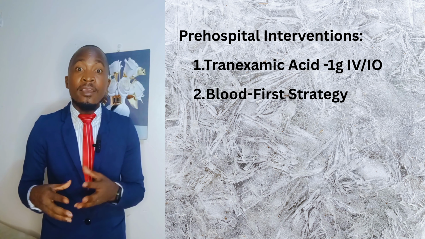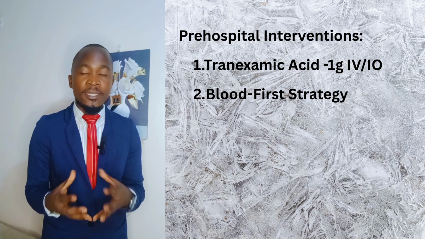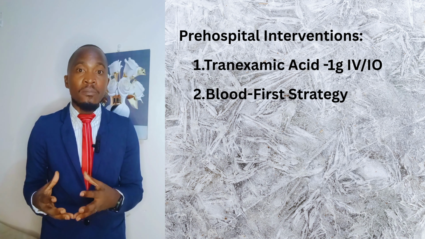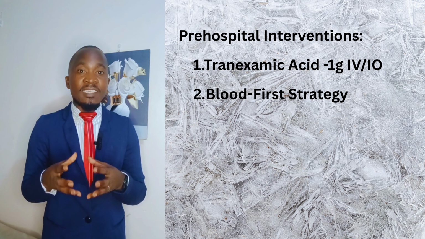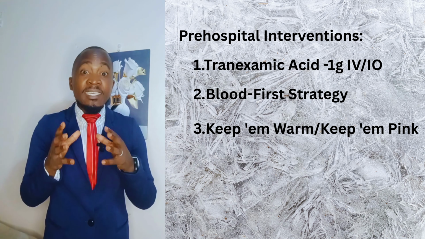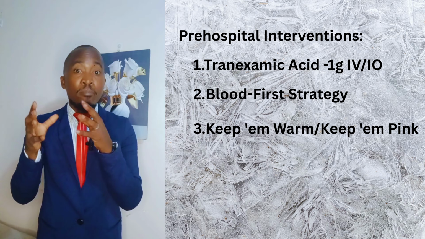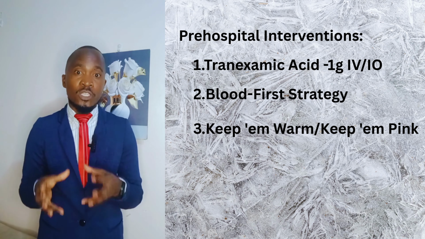If you can give this patient blood, we recommend whole blood or plasma if available. If you can limit the saline, the better. The next strategy is keep them warm, keep them pink. Protecting the temperature and supporting the blood pressure is the best way to support the clotting process.